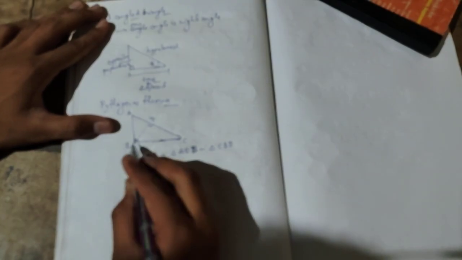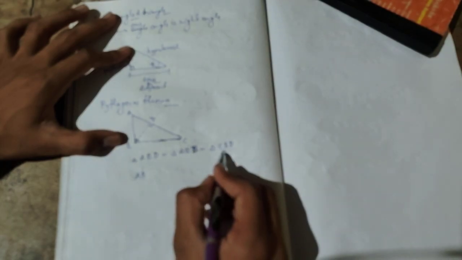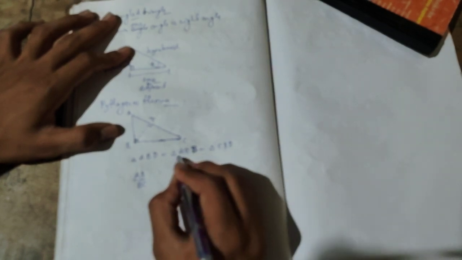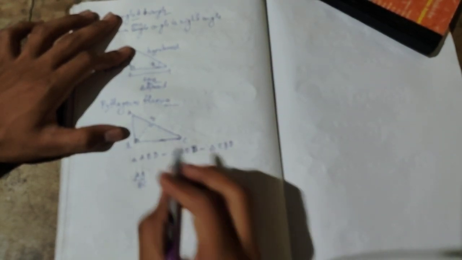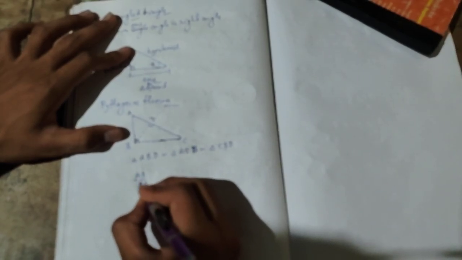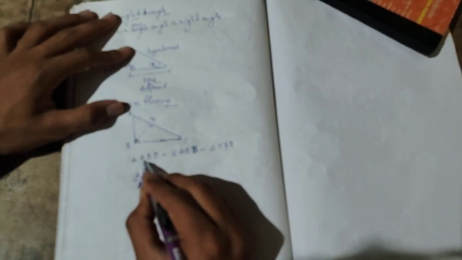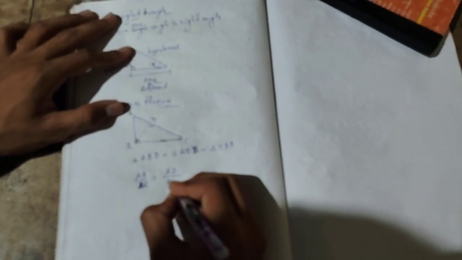Now we can write AB by AC is equal to AD by AB.